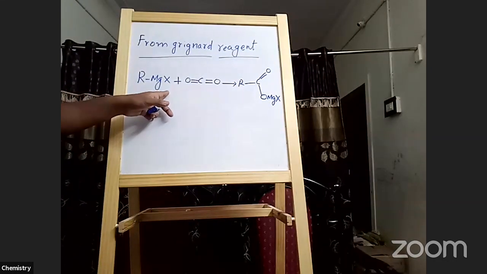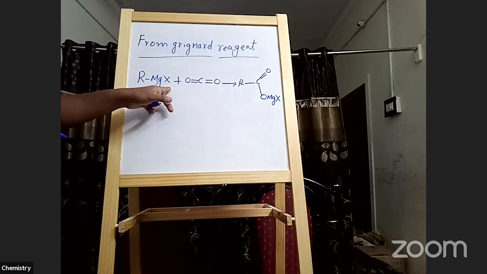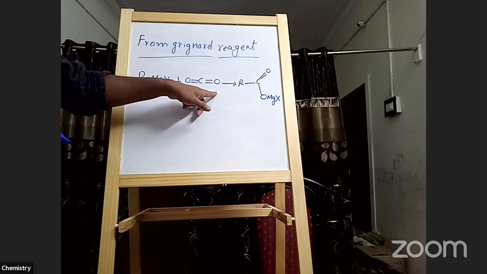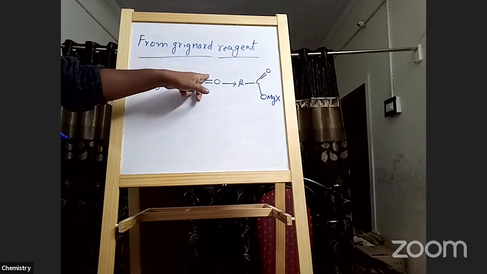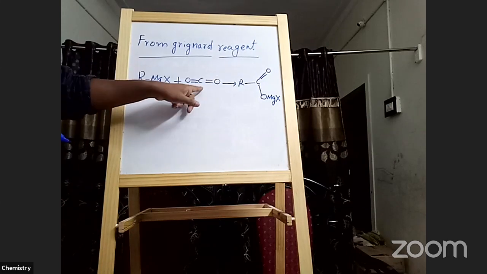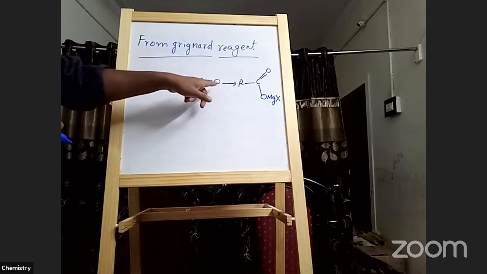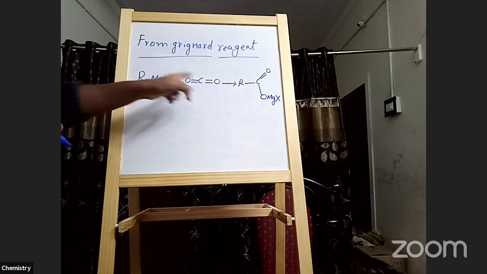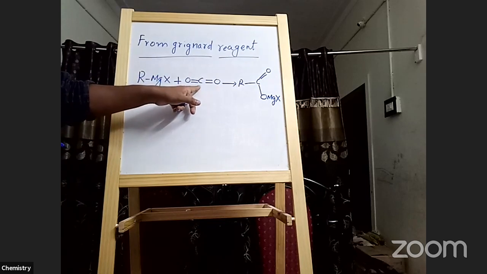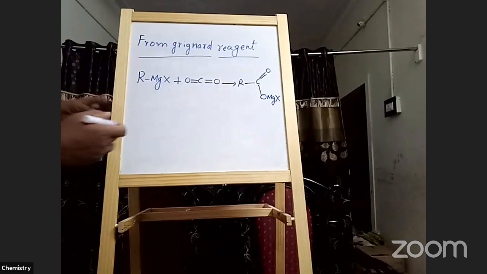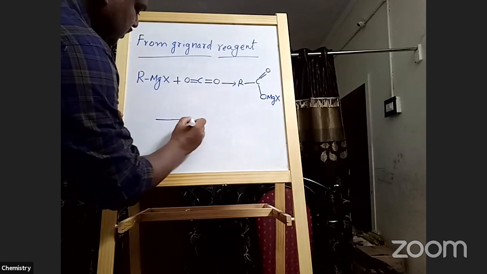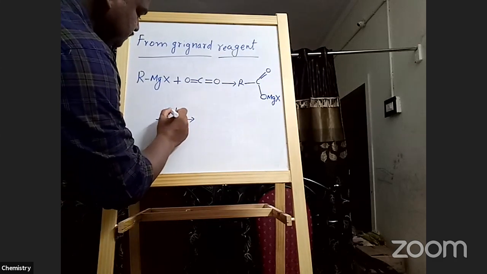RMgX is the Grignard reagent. It reacts with carbon dioxide. One oxygen gets a negative charge and carbon gets a positive charge, so MgX adds to the oxygen atom and the alkyl group adds to the carbon atom. Next, on further hydrolysis, reacting with water, H3O+.